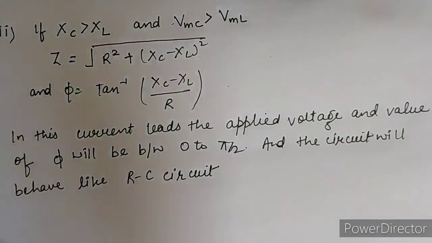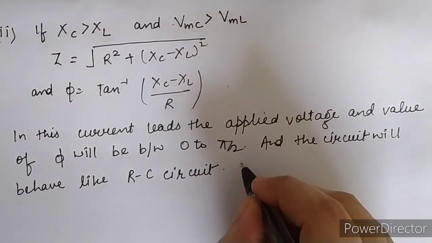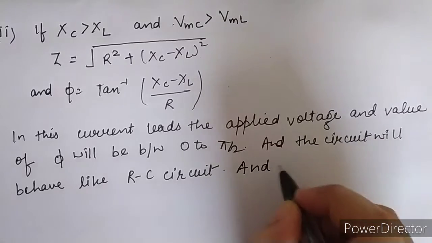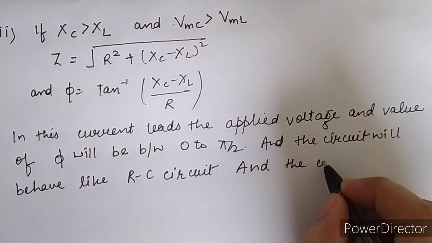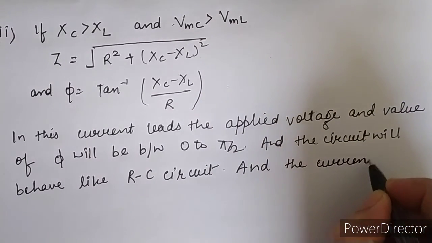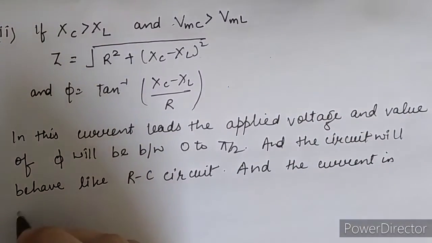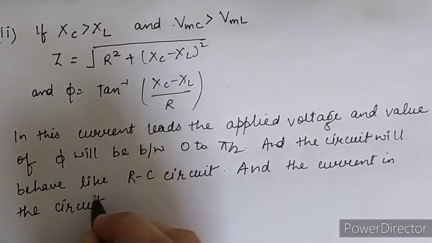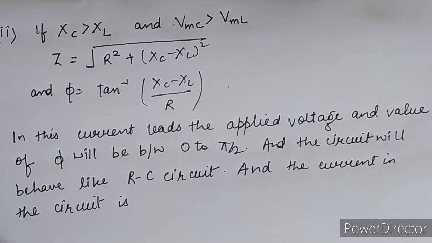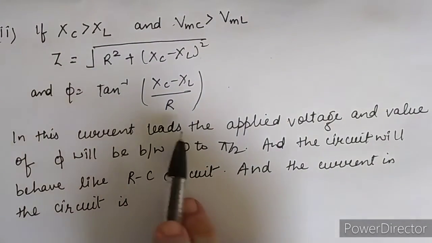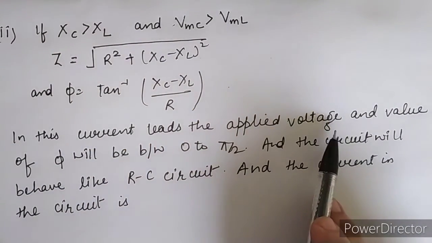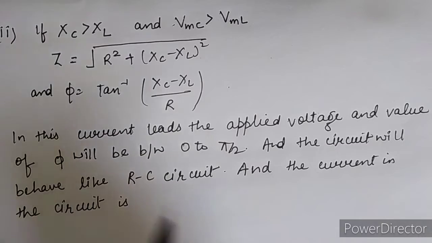Clear? Okay. And the current in the circuit is what is given in the theory. The current leads the applied voltage by the angle phi.